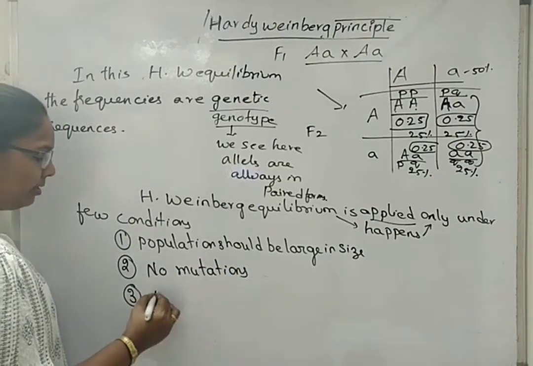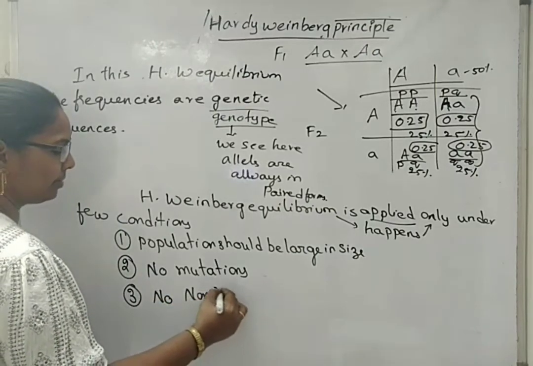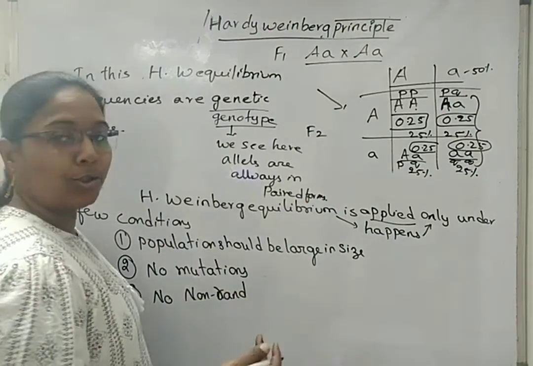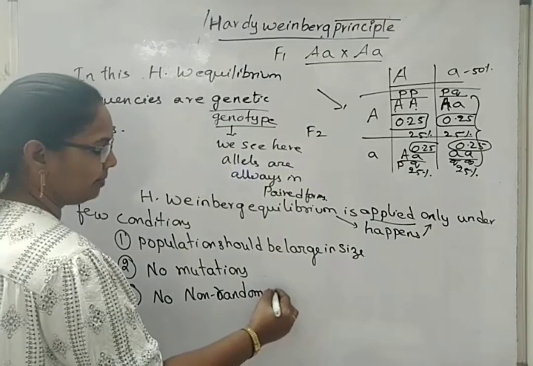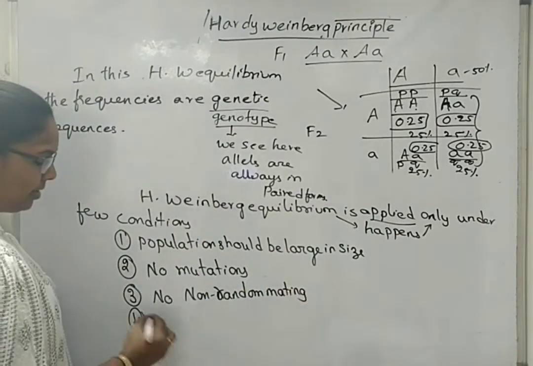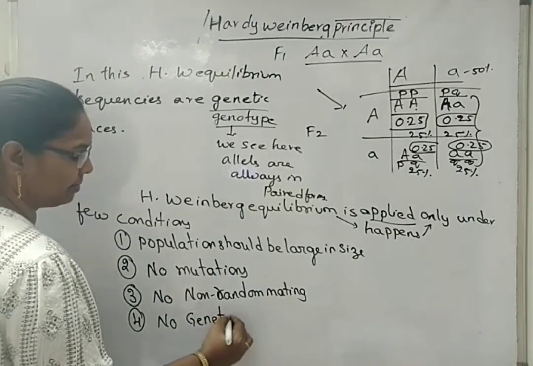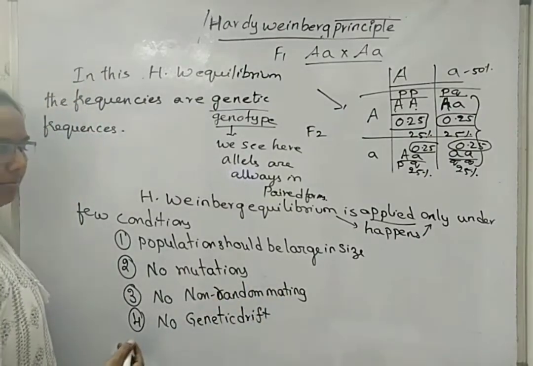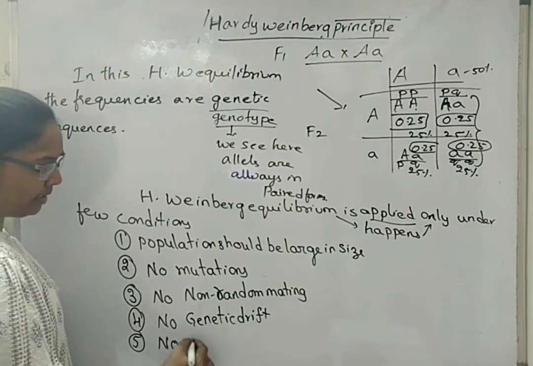Third condition, there should be no non-random mating, means the Hardy-Weinberg population should express random mating. Next, there should be no genetic drift. Next, fifth condition, there should be no migration.